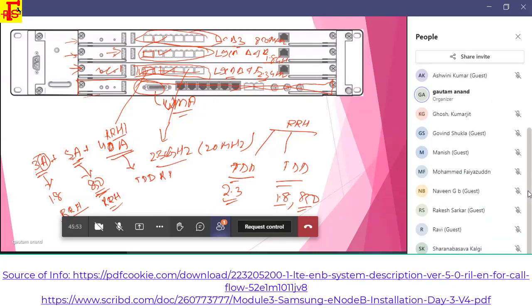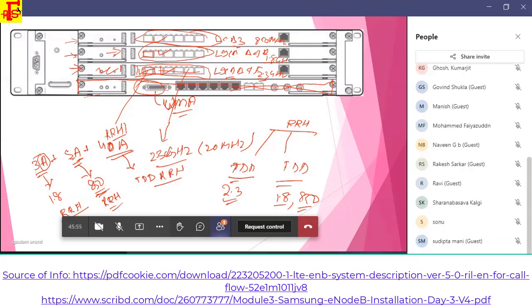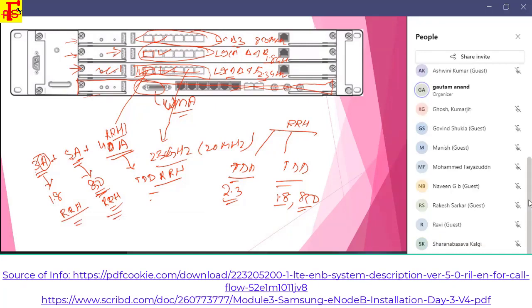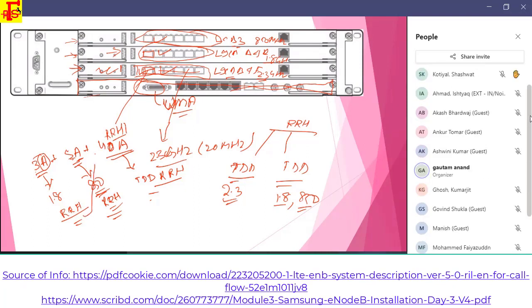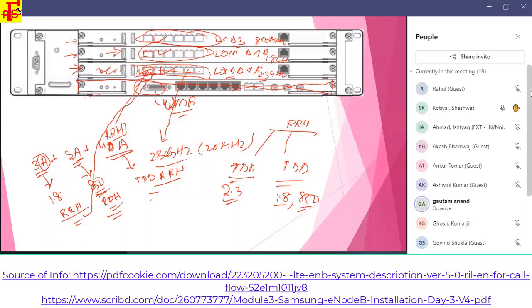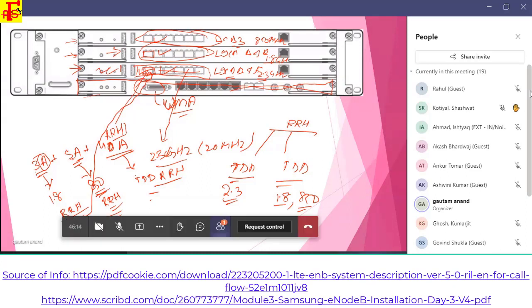So all three will be connected on top of the tower, and through the CPRI cable they will connect and go into these ports. For 2.3, band 40A, it will go in this port, for 1.8 it will go in this port, and for the 850 RRH it will go in this port. So it will be connected like that.